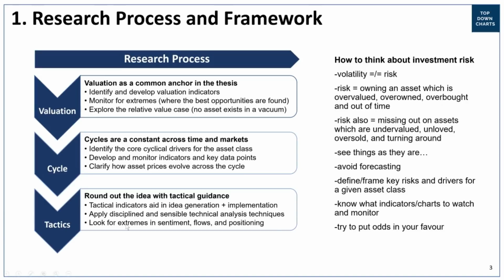Then also bring in factors such as sentiment, flows, and positioning. The point of this last phase of the research process is to fully round out the insights from the previous two steps. It can sometimes go in reverse too, because if some market is breaking out on a technical front, it might pay to use that as the starting point, and then come back to the fundamental picture to round it out.